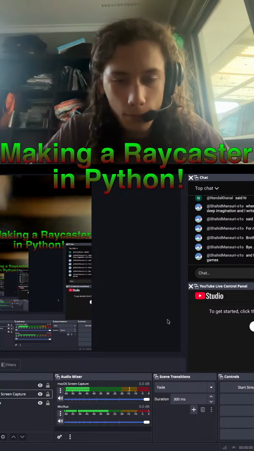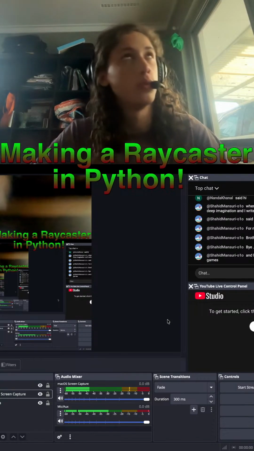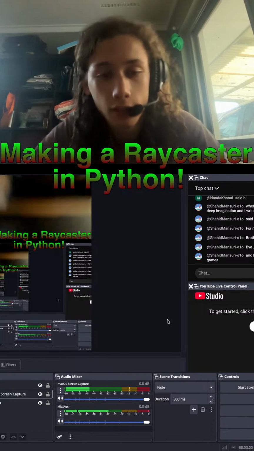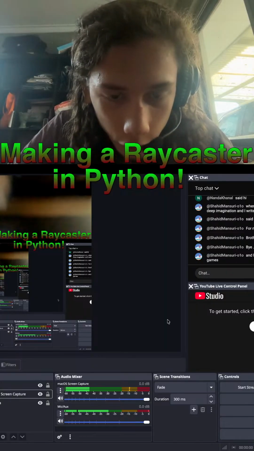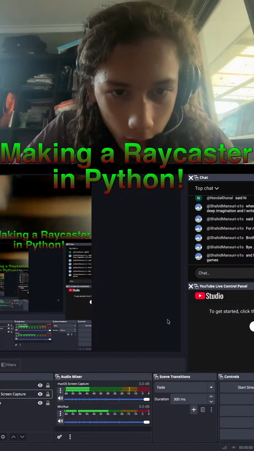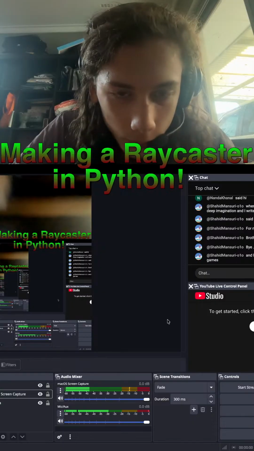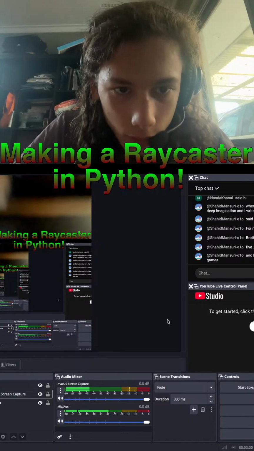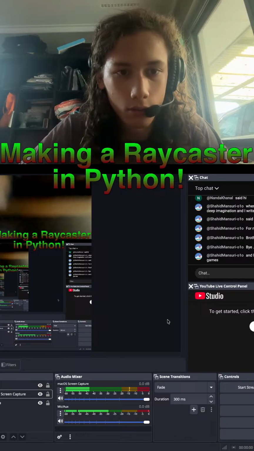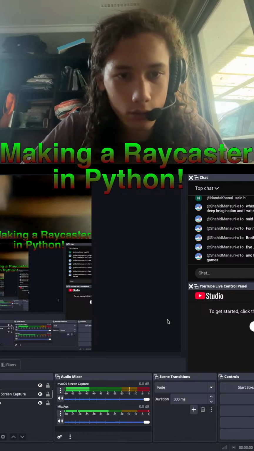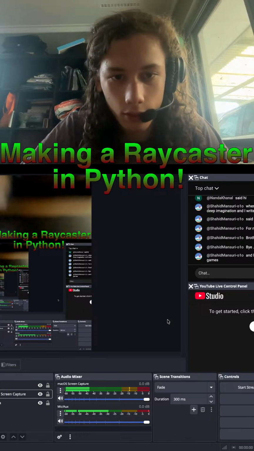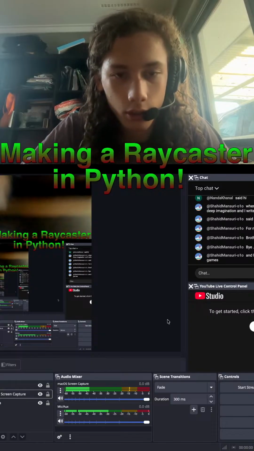Okay, so now, instead of defining our speed here, player direction equals angle to vector.